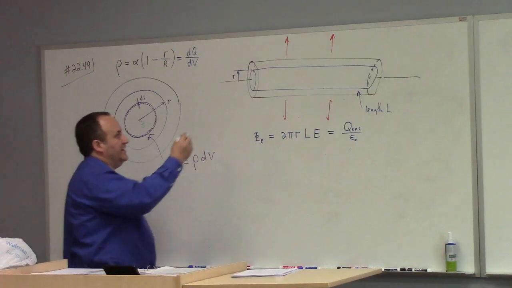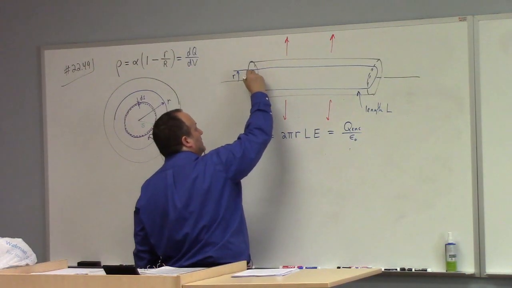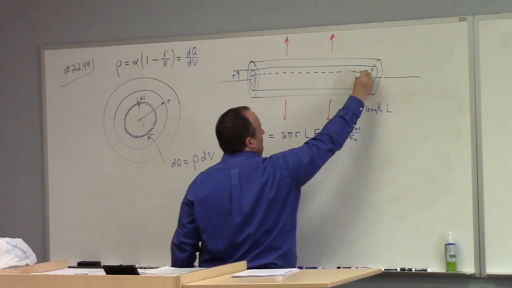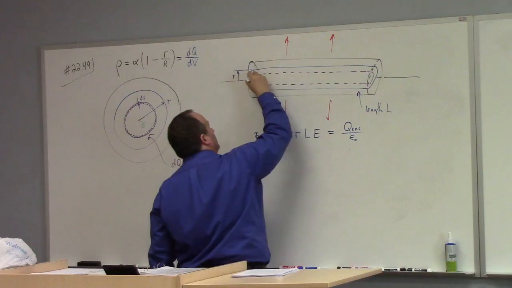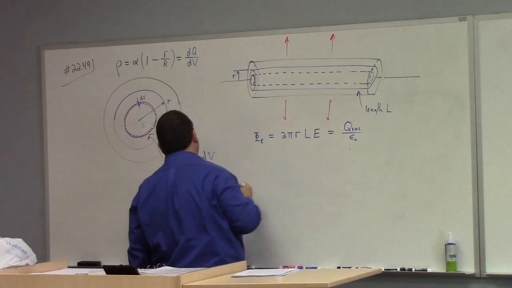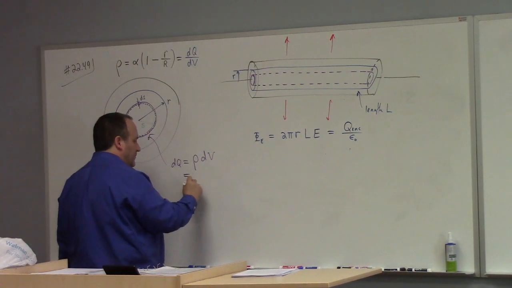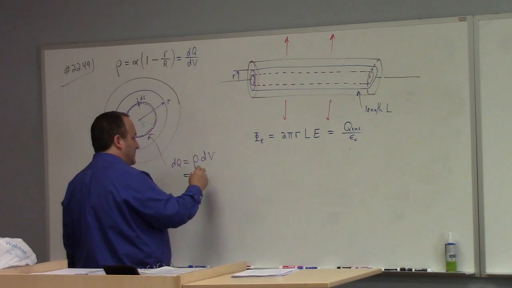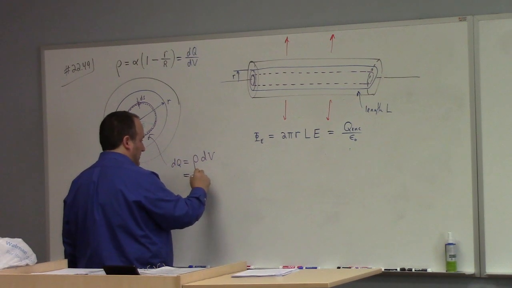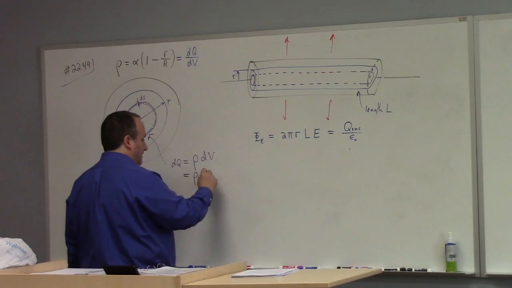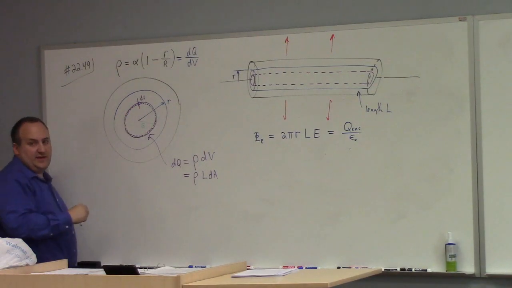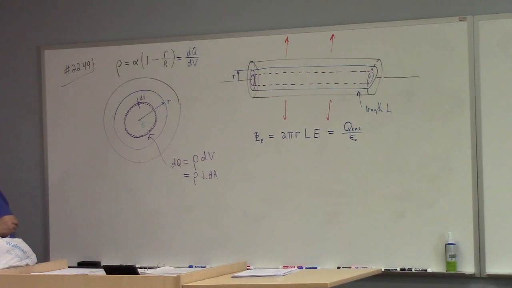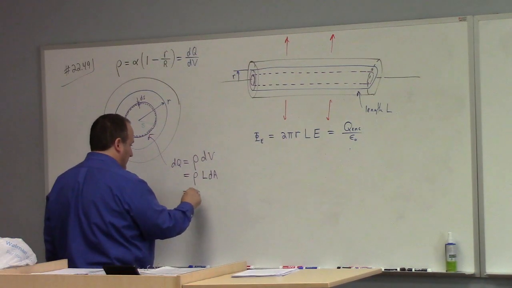So, you know, we're talking about this slice in here, right? It's just a little slice. So I have rho. To get dV, I can do L times dA, right? A little bit of area from that annulus, right? What's dA? ds is part of it, for sure.